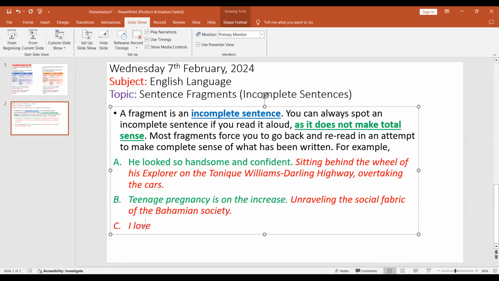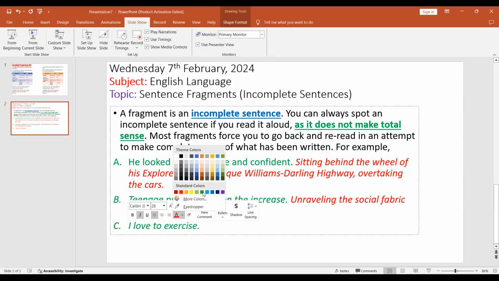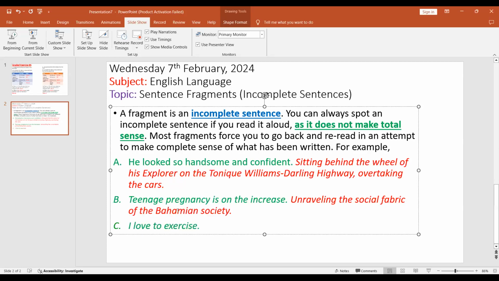I love to exercise. Period. Say it again, Ashton. I love to exercise. Is that a sentence or a fragment? Excuse me, Mr. Petit. I don't follow the colors. I follow the placements, because you always put the complete sentence in the front. Okay, I always put the complete sentence in the front. It's a sentence.